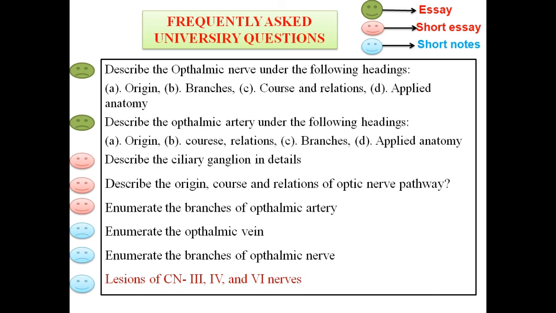And the branches of the ophthalmic artery, there are so many branches present: anterior ciliary, posterior ciliary, lacrimal artery, supraorbital, supratrochlear, anterior ethmoidal, posterior ethmoidal, central retinal artery. So we have to carefully read all these things. Ophthalmic vein, how infection spreads through the ophthalmic vein to the cavernous sinus, and branches of the ophthalmic nerve, that means it gives three branches.